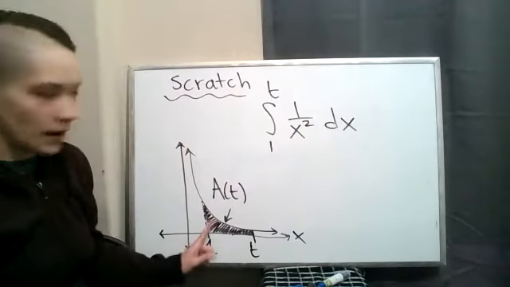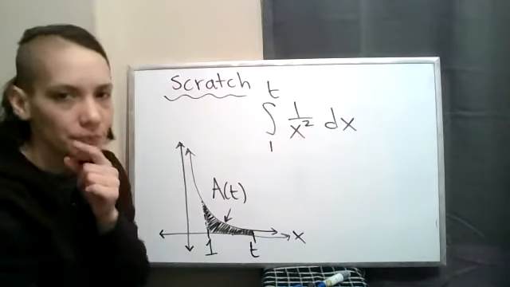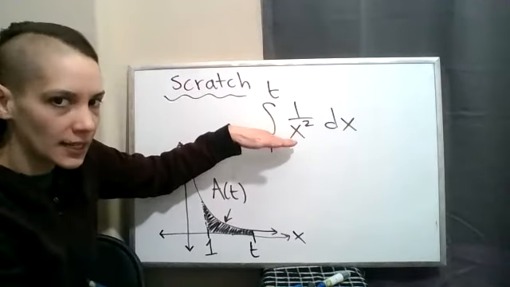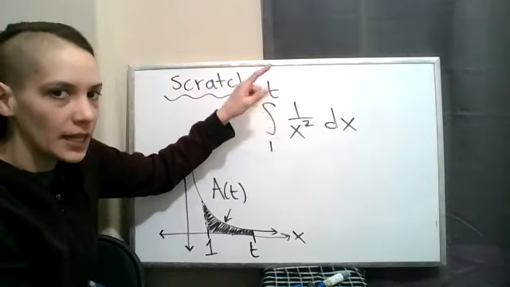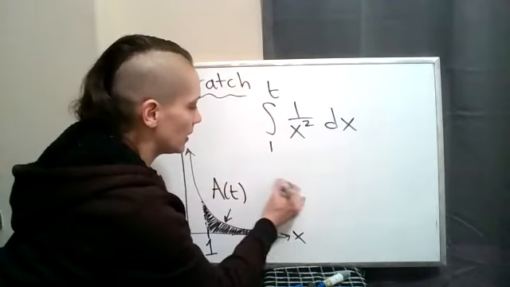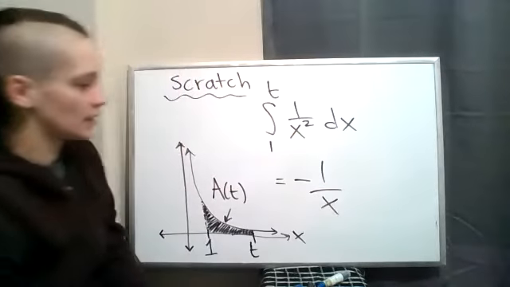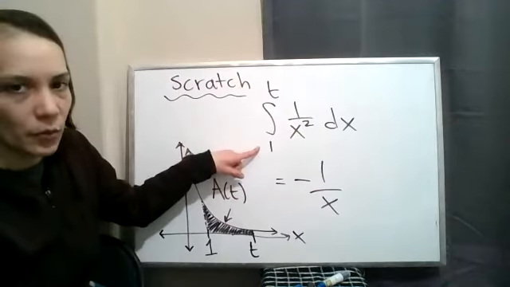What we're going to do is write that as x to the negative 2, and then find the integral, which would be negative 1 over x, and then evaluate from 1 to t.